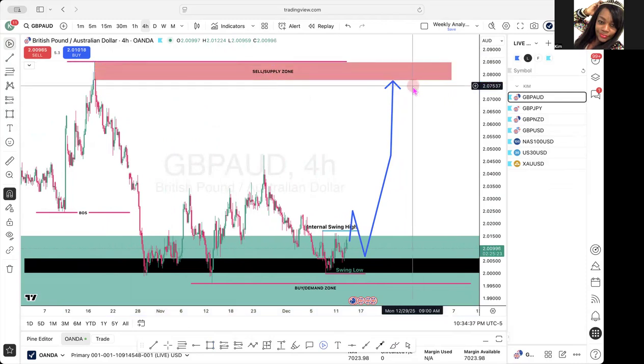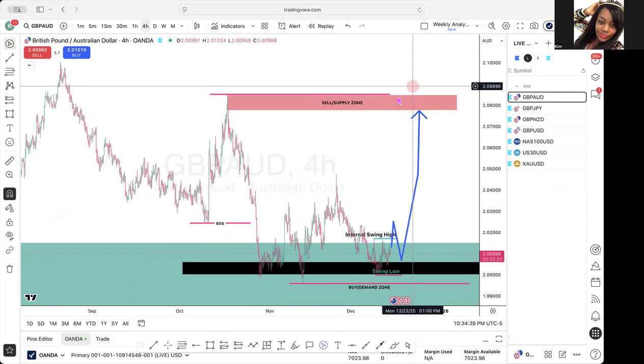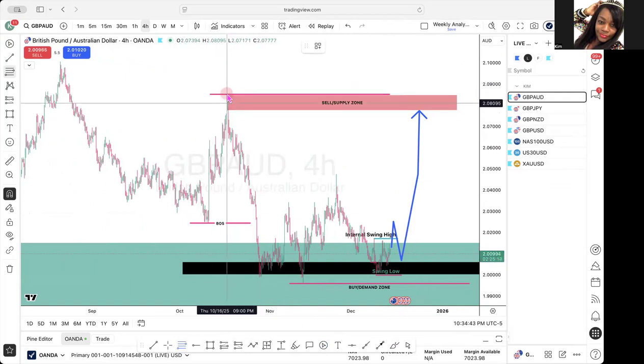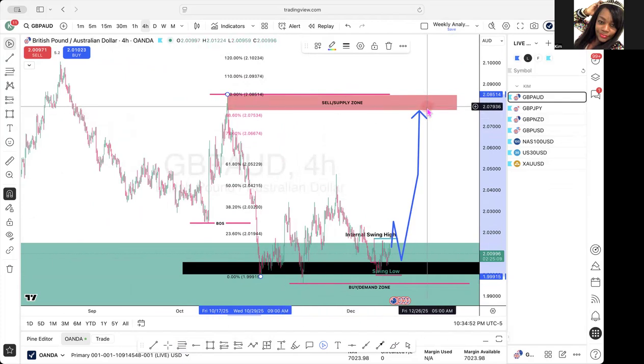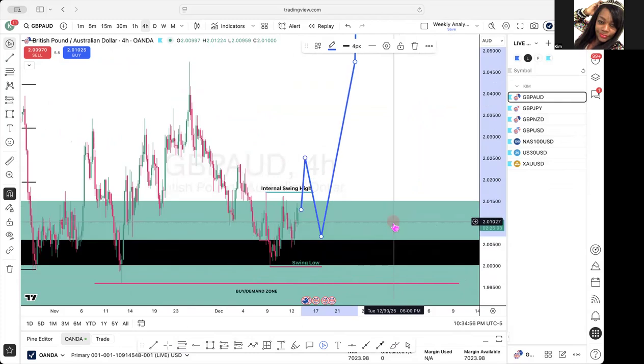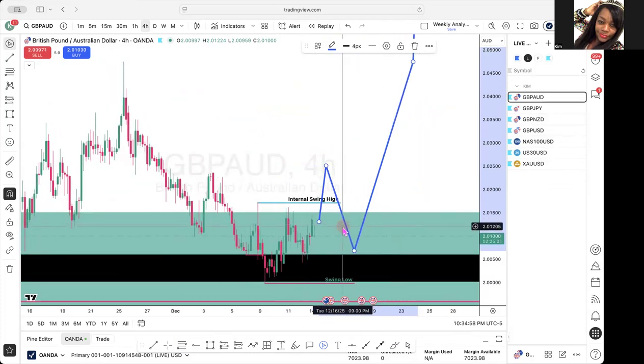Okay. So, and if I fib that move, that's a little past our 88. And then you can possibly get another sell if price breaks above the high, the swing high.